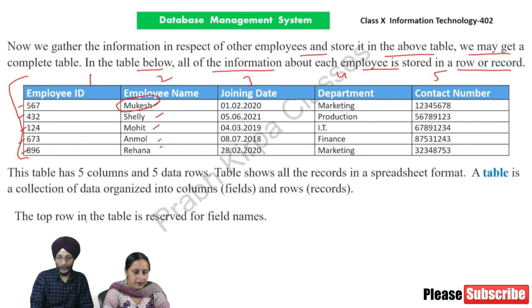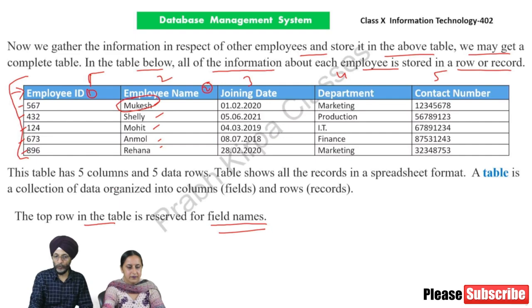The top row is where employee ID, employee name, and joining date are mentioned. What is this top row reserved for? These are reserved for field names. All these are field names. There are 5 fields: one, this employee ID, employee name. So in a table, the top row is always reserved for field names.